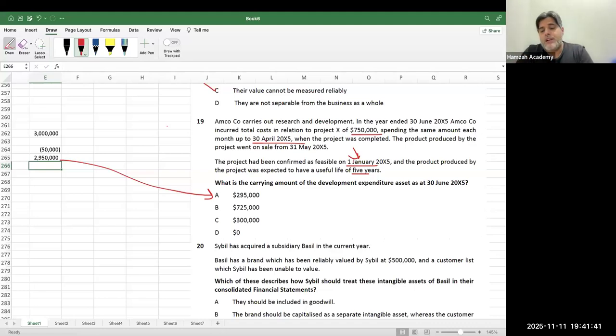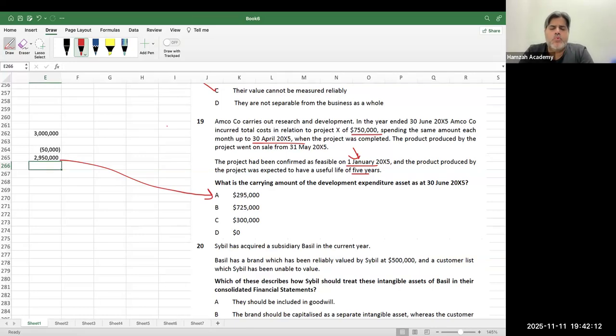I can try to assume that from 1st July I started spending. So July, August, September, October, November, December, January, February, March, April. By this I can have 10 months over here, but it's not mentioned anywhere that you started from the start of the year. It might be possible you started it last year as well. It's not mentioned anywhere.